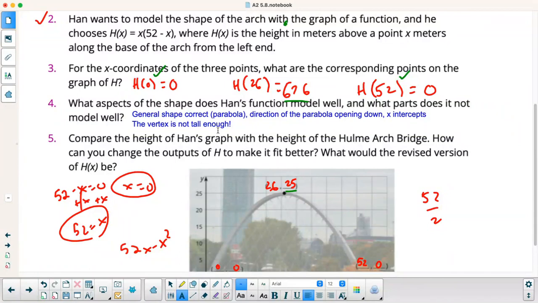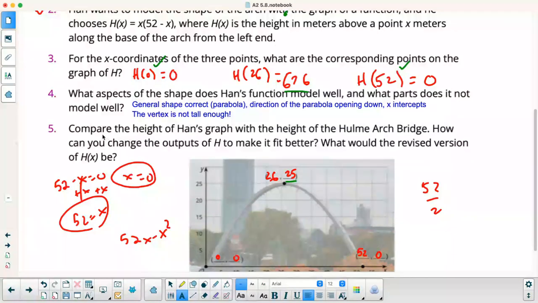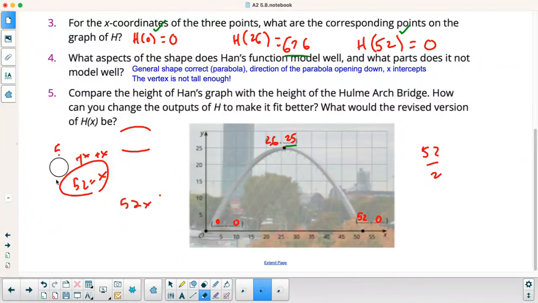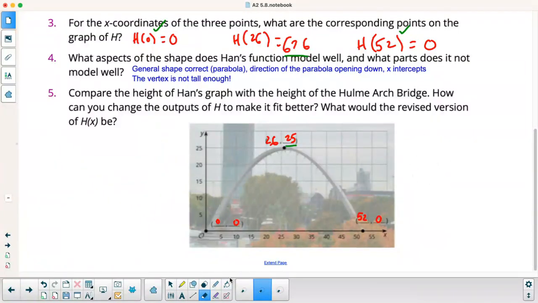So comparing the height of Han's graph with the height of the bridge, how can you change the output? So basically what we need to do here for 5, let me erase some of this here. Our vertex, the y-coordinate is 25 on the bridge. We want, our y-coordinate is 676. We want to multiply that by some number, call it C, and we want to get it equal to 25.